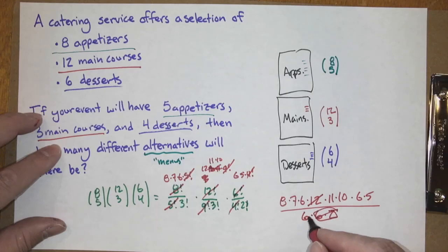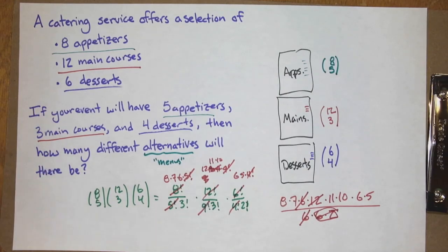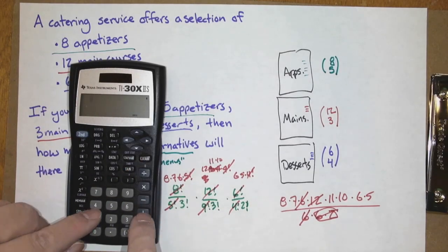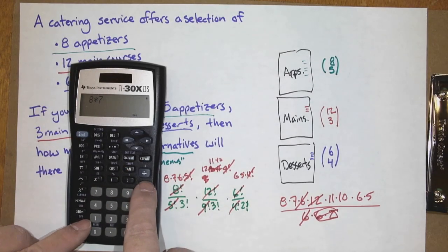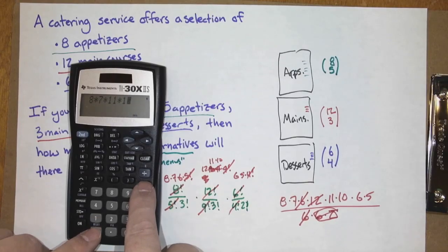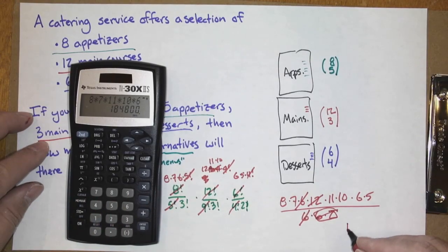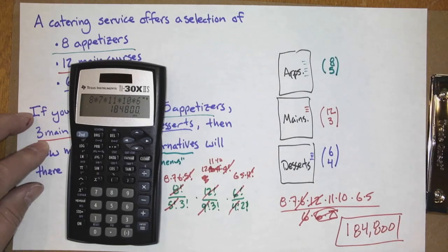Might as well save ourselves some work. The 6 cancels. So now we just have to multiply these numbers together. And then we'll be done. 8 times 7 times 11 times 10 times 6 times 5 gives us 184,800 different menus.